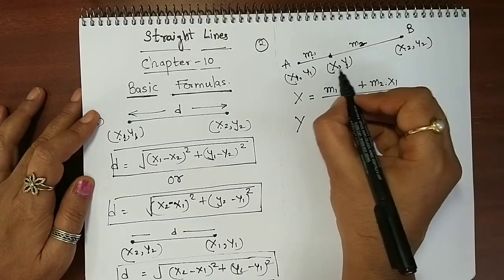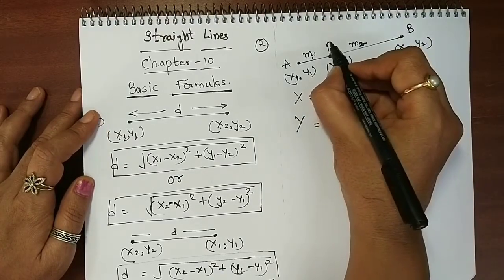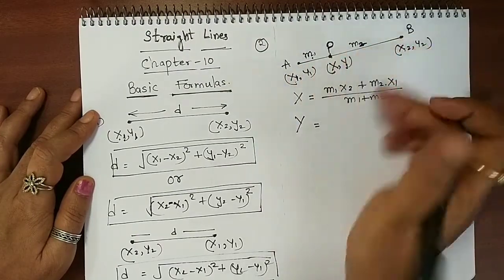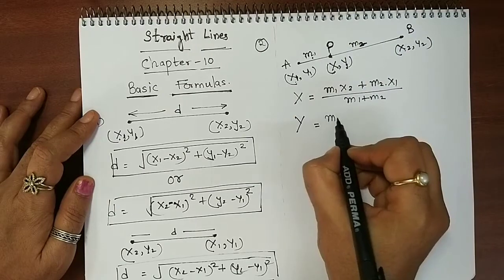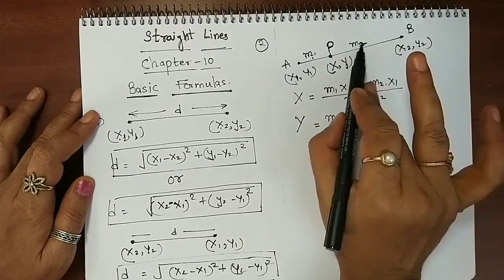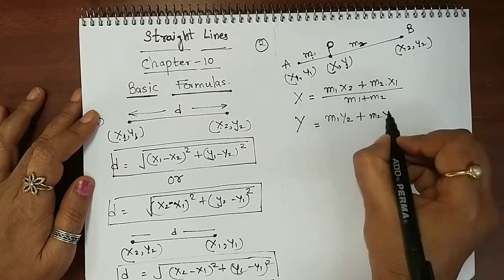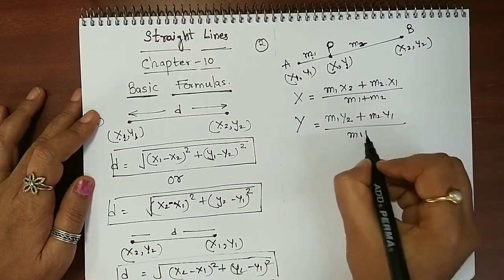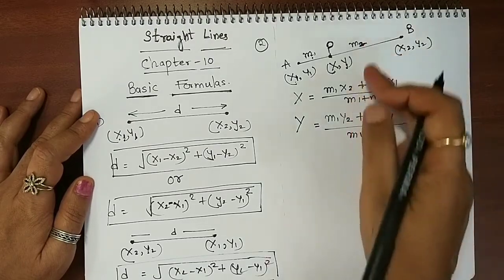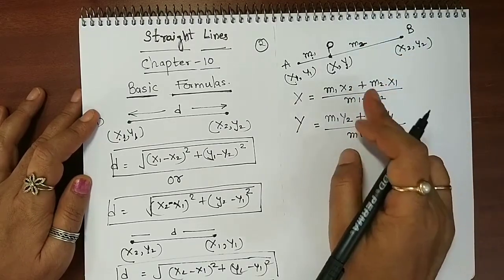I'm talking about the coordinates of this point which is dividing this line in the ratio m1 to m2. So y will be, similar to that, (m1 y2 plus m2 y1) by (m1 plus m2). Okay, so this was the formula for division.